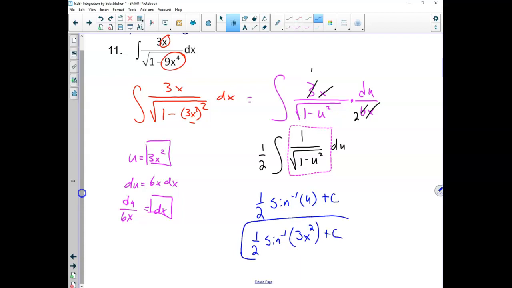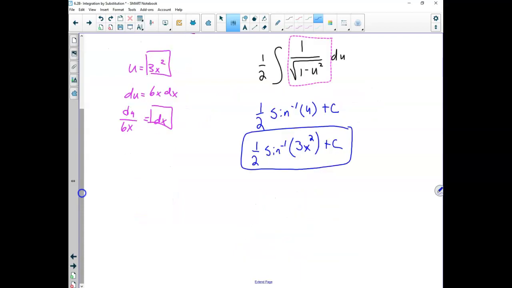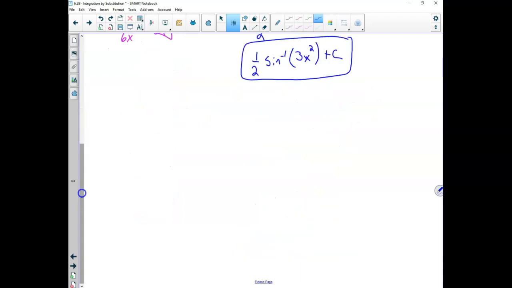And let me beat it to death a little bit further. No, we don't stop there. We come back and we say, okay, what is the derivative of this? Well, it's 1/2 times the derivative of an inverse sine. That's not sine to the negative 1, that's an inverse sine the way I wrote it, okay? And the derivative of that is 1 over the square root of 1 minus something squared times the derivative of my something.